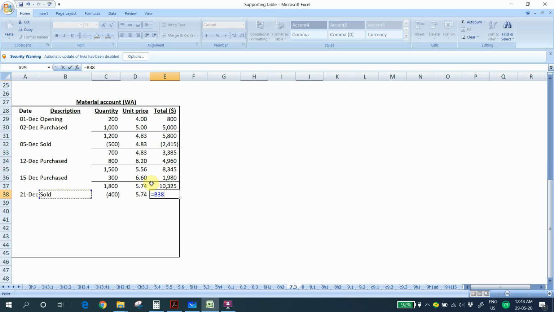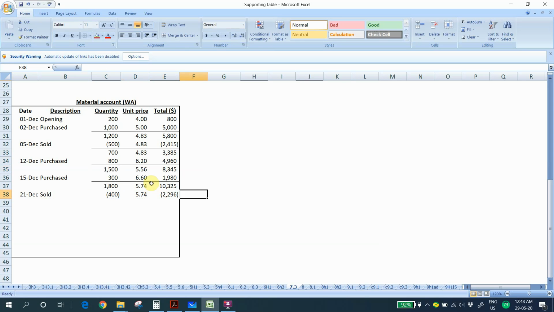And what is the total cost for these 400 units? 2,296. And we do the sum up. So up to 21st of December, we have 1,004 units. The value is 8,029, and the weighted average price is $5.74.